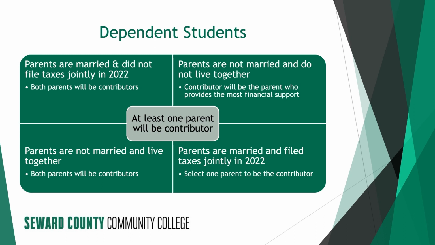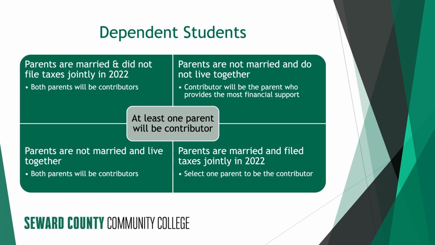If your biological or adoptive parents are not married and do not live together, the contributor would be determined by which parent provides the most financial support. If your biological or adoptive parents are not married and live together, both parents will be asked to be contributors.